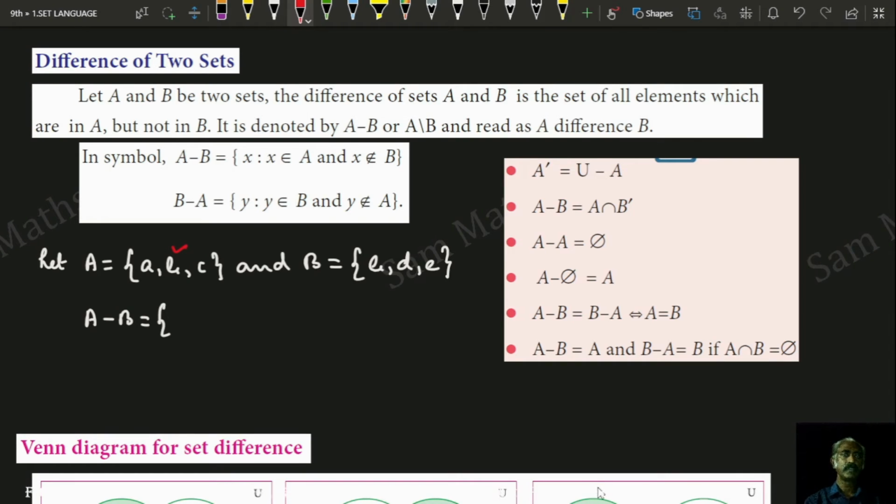Clear, children? So A minus B is a, c, and B minus A is d, e. Now, you have to take B minus A.